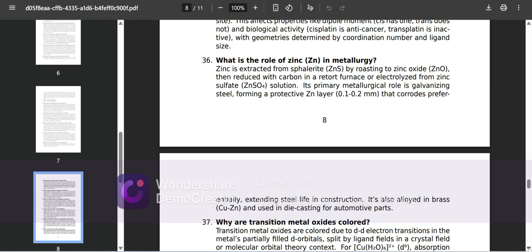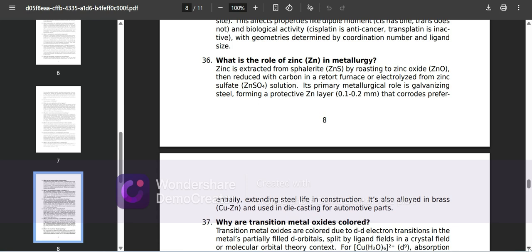What is the role of zinc in metallurgy? Zinc is extracted from sphalerite, zinc sulfide, by roasting to zinc oxide, then reduced with carbon in a retort furnace or electrolyzed from zinc sulfate, ZnSO4, solution.